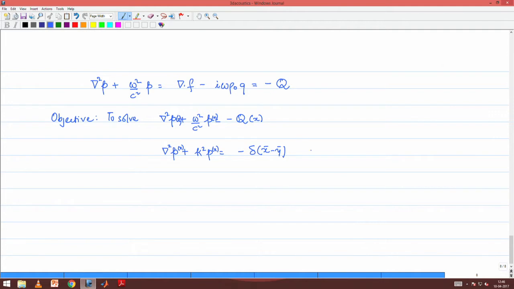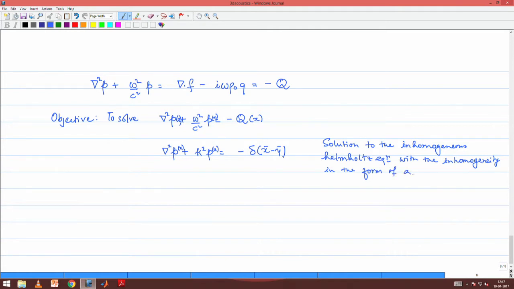Now, this would denote that this is a solution to the inhomogeneous wave equation, inhomogeneous Helmholtz equation, I am sorry, with the inhomogeneity in the form of a delta function.